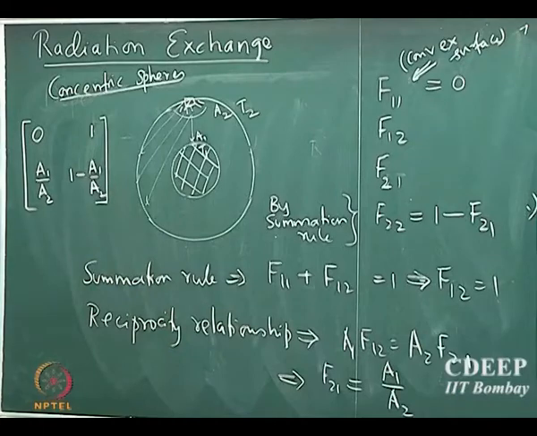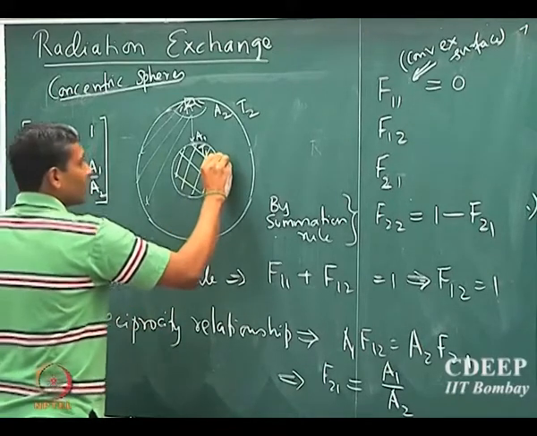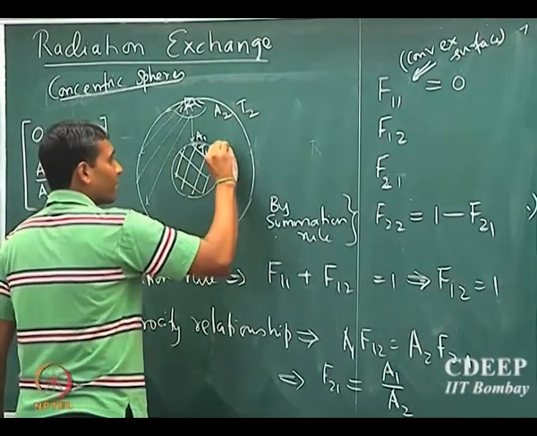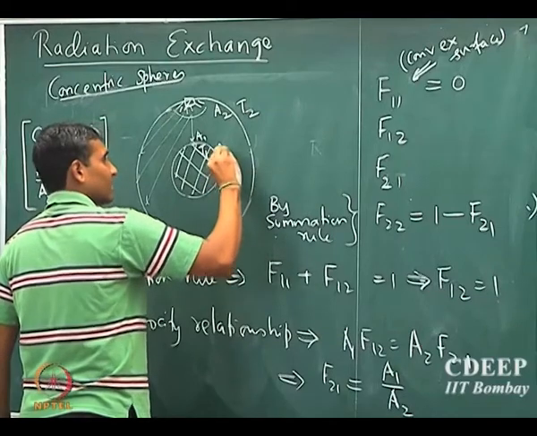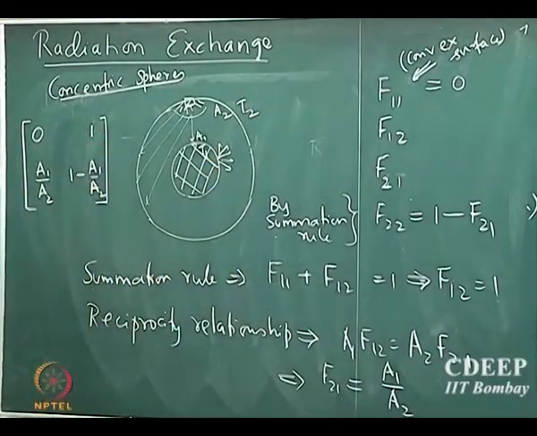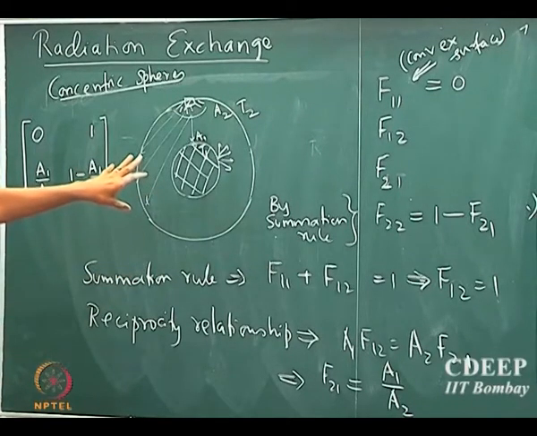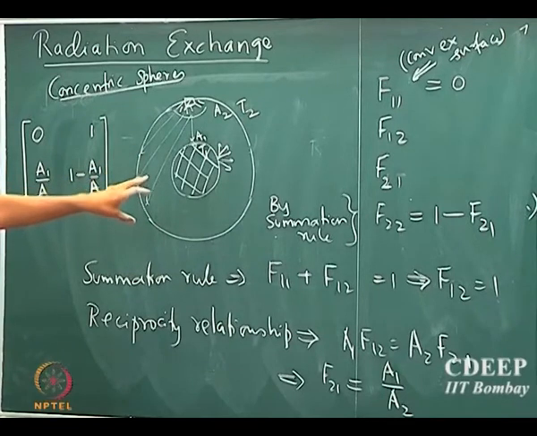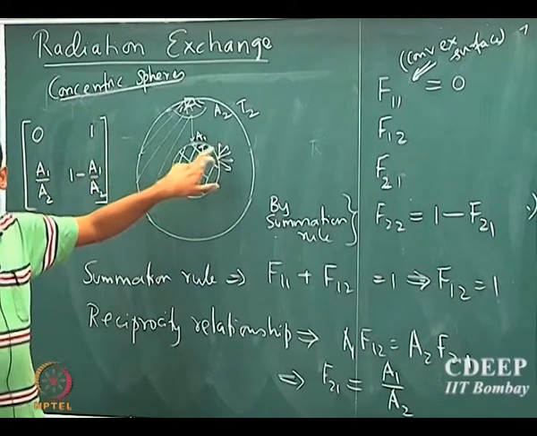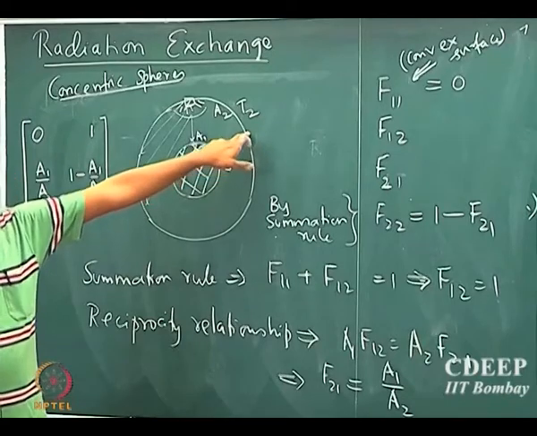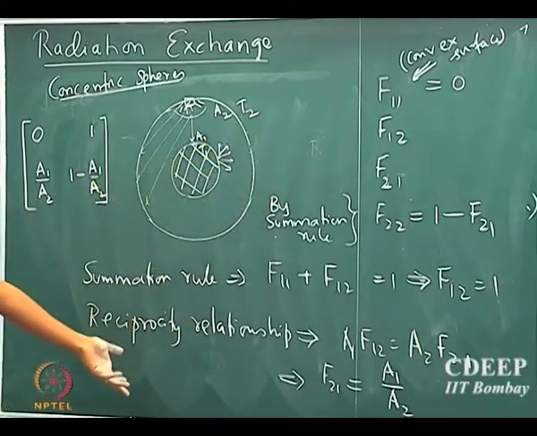It doesn't matter. For F12, whatever emission goes out from here is always going to be received by surface 2, irrespective of whether it is a point source or a differential element, because it is a convex surface. Due to the nature of the geometry, whatever emission comes from this surface is always going to be intercepted by surface 2.